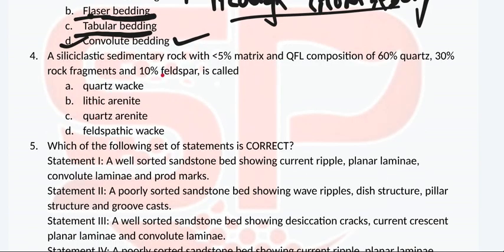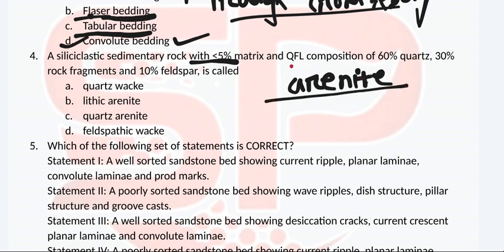A siliciclastic sedimentary rock with less than 5% matrix. If a siliciclastic sedimentary rock contains less than 5% matrix, that means it will be an arenite. First thing, it will be an arenite. Then the QFL composition is 60% quartz, 30% rock fragment, 10% feldspar.